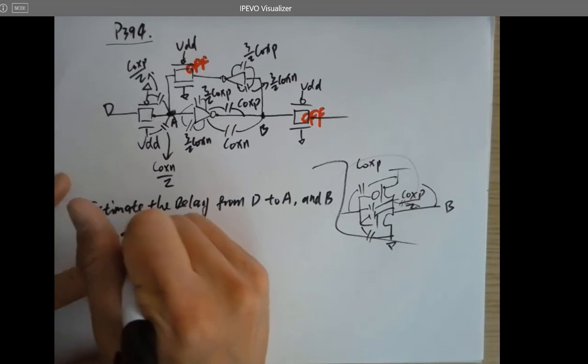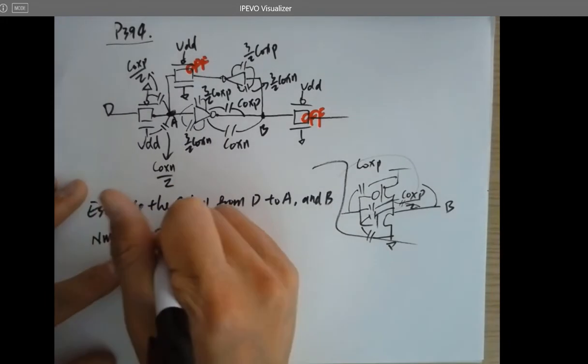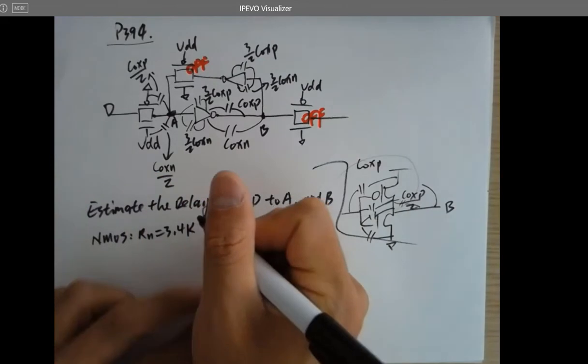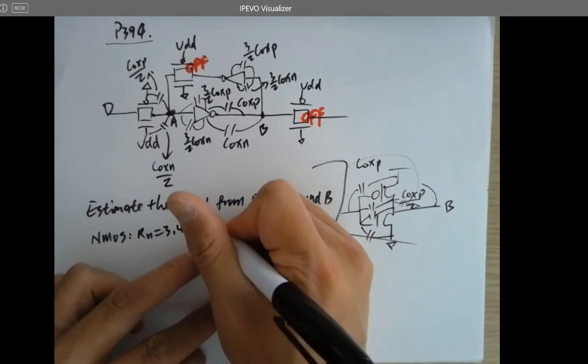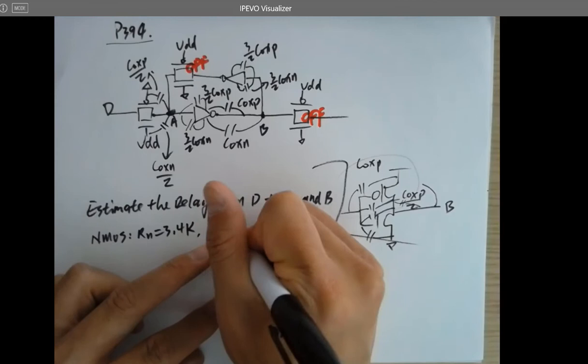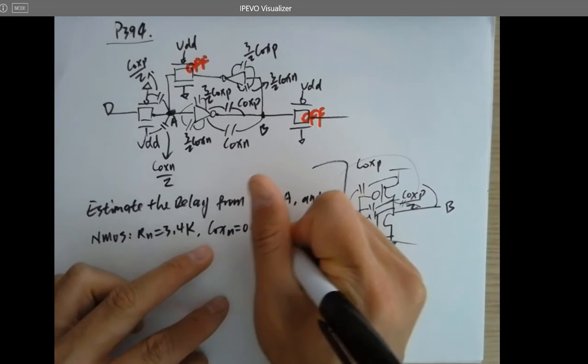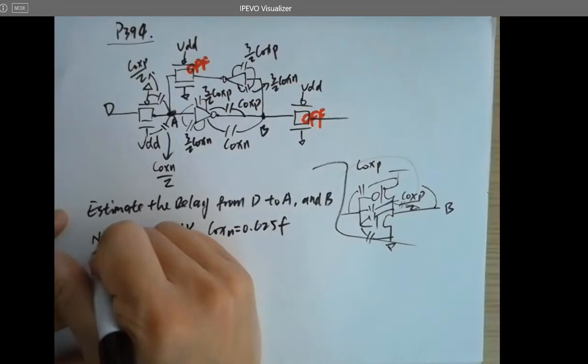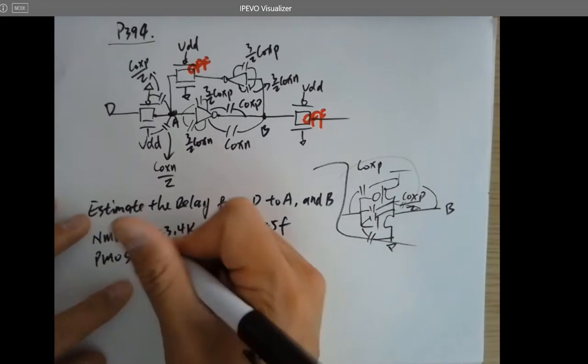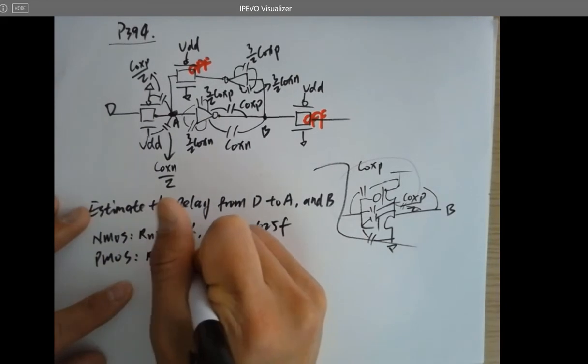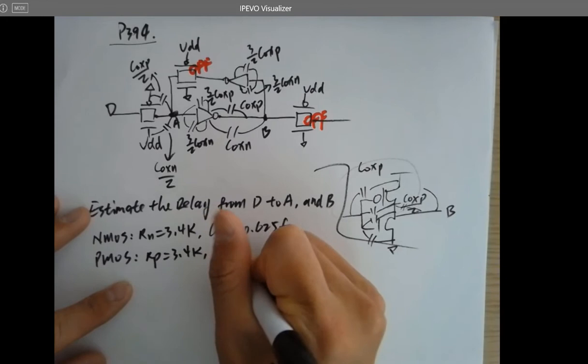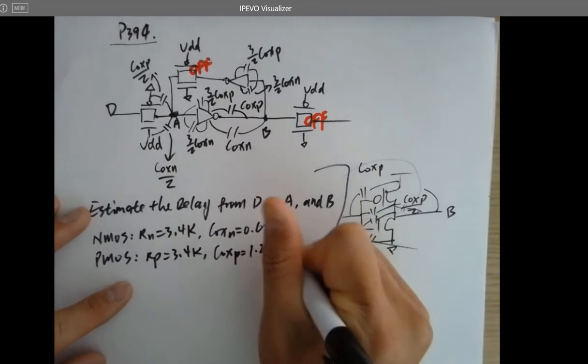NMOS: Rn is 3.4K, Cox N is 0.625 femto. For PMOS: Rp is 3.4K, Cox P is 1.25 femto.